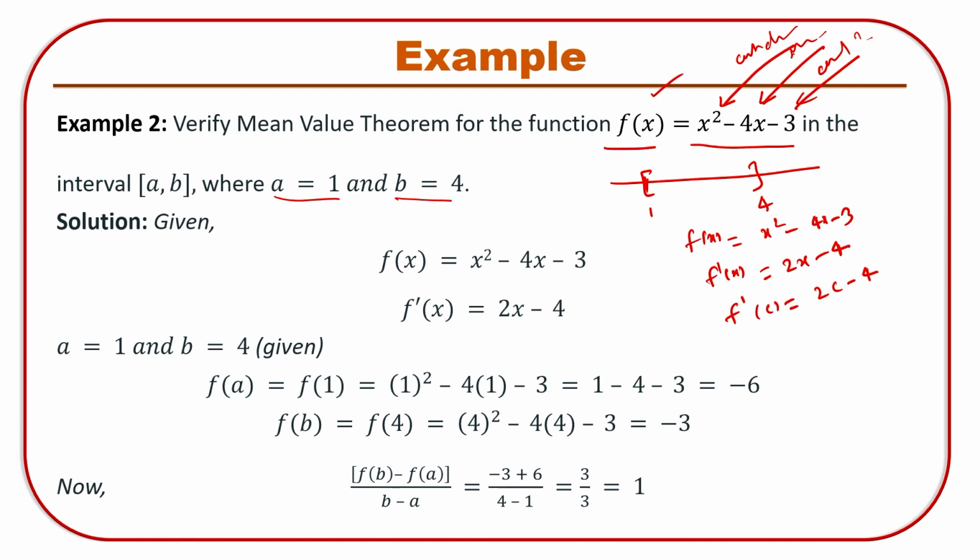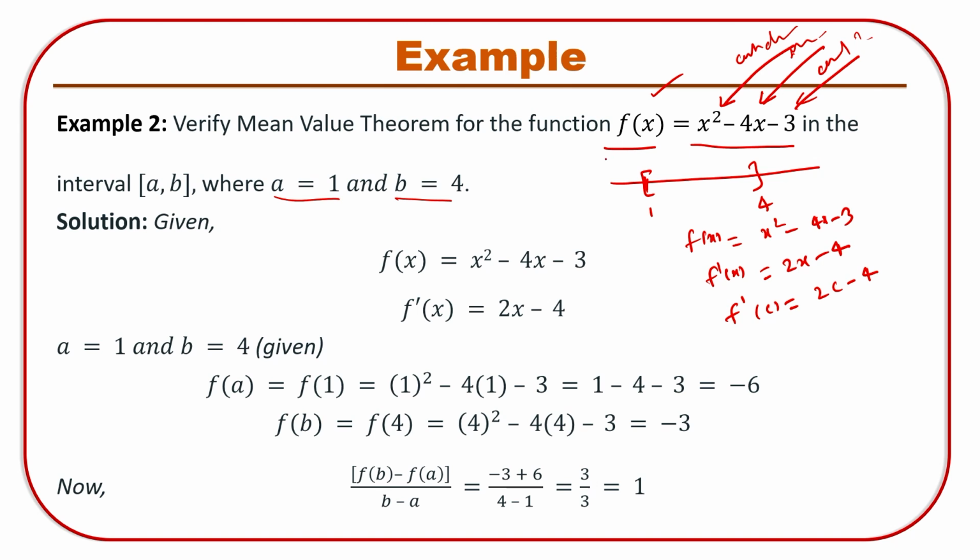Can you give one another reason that f(x) is going to be continuous and differentiable? Every polynomial function is a continuous function, and therefore x square minus 4x minus 3 is a polynomial, and that polynomial function is continuous in a closed interval 1 to 4.